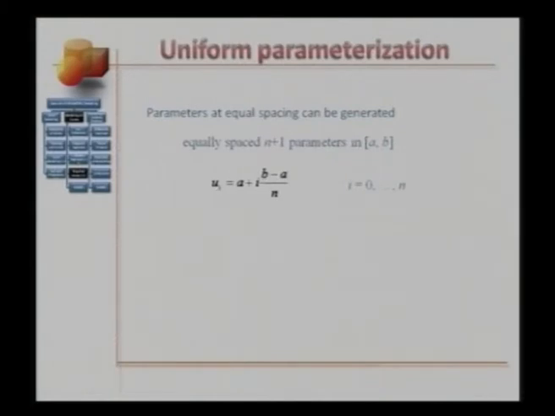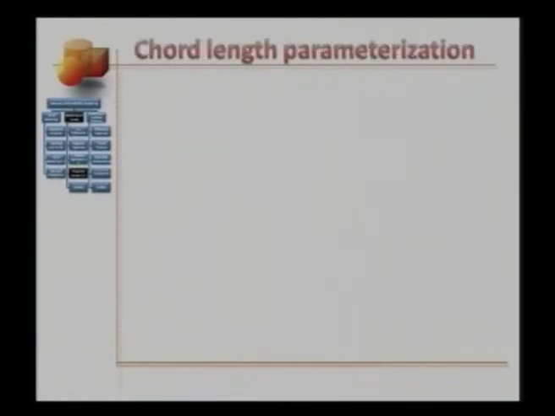All the other parameters are spaced by some length (b minus a) over n. This is straightforward, but this uniform parameterization scheme does not represent the relative placement of data points. For that, we have the chord length parameterization.